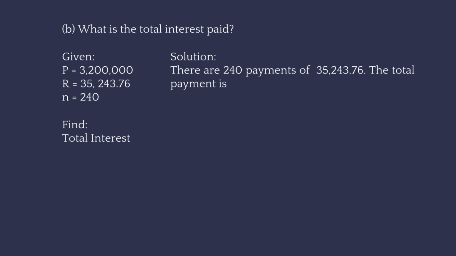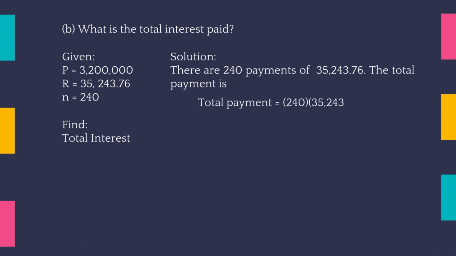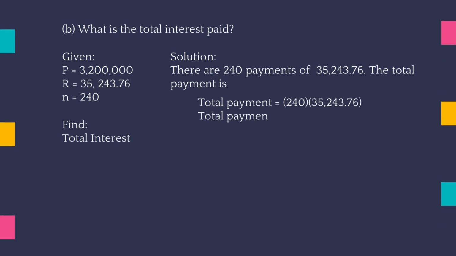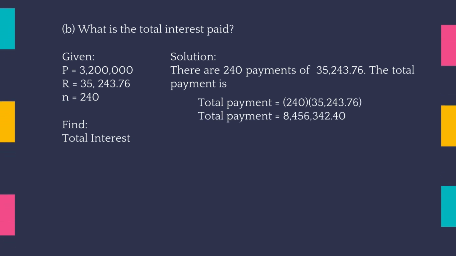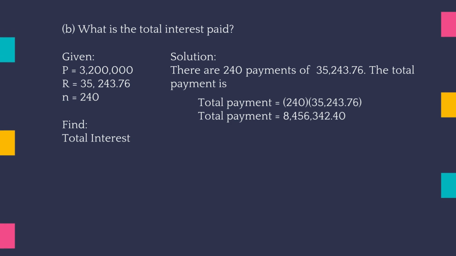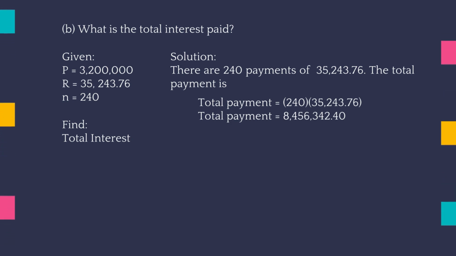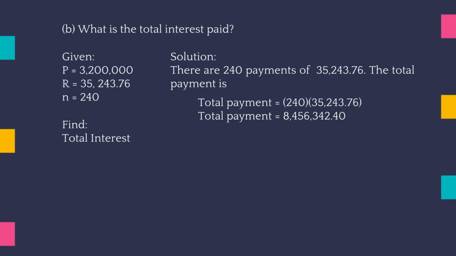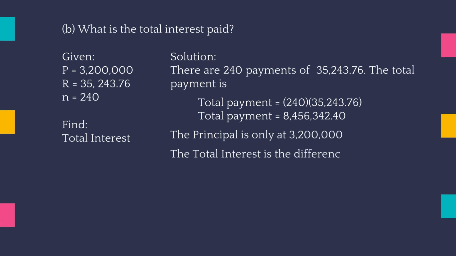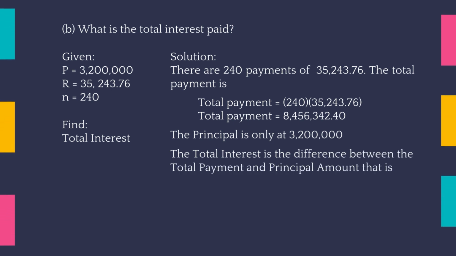Total payment is equal to monthly payment times the number of payments. So the monthly payment is 35,243.76 times the number of payments, which is 240, is equal to 8,456,342.40.